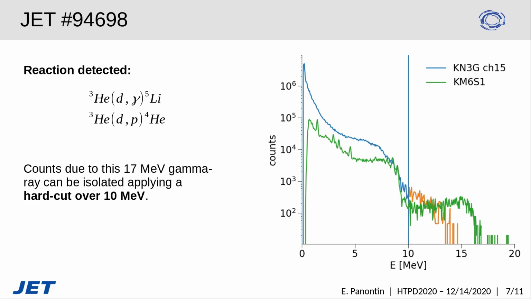As you can see, the data from the gamma camera are dominated by a neutron background below 10 megaelectronvolts, but above that threshold you can see the signal generated by the 17 megaelectronvolt gamma ray emitted in a minor branch of the deuterium-helium-3 fusion reactions. So a hard cut at 10 megaelectronvolts has been applied to all the calibrated channels in order to separate the gamma ray signal from the detected background.